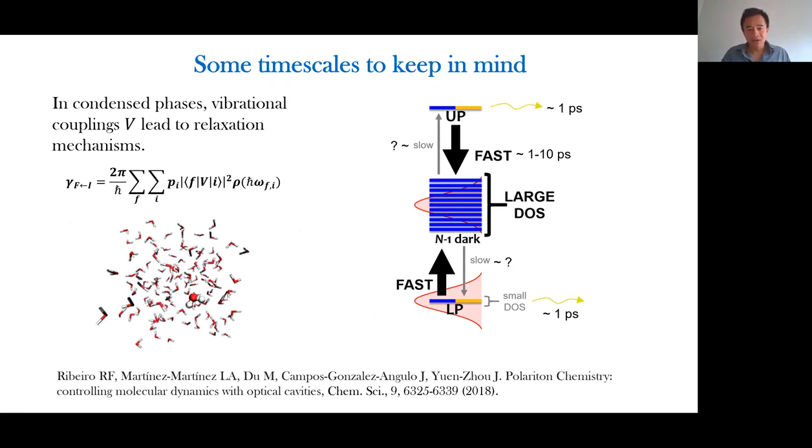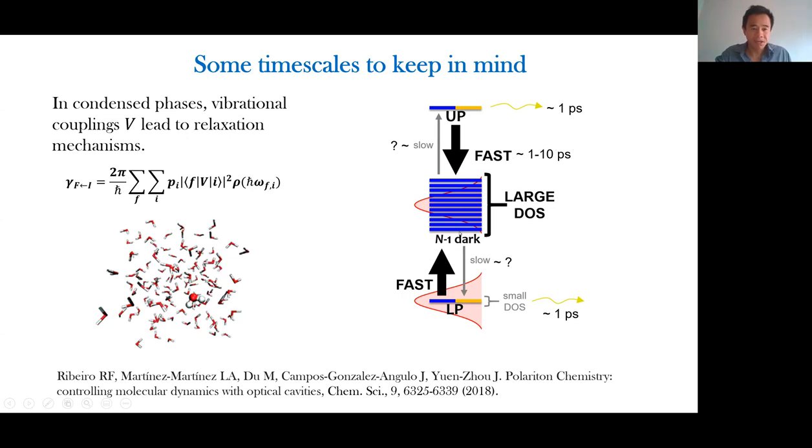Okay, so here are the timescales that we need to think about in these systems. Because there's a large density of dark states, and there is even more in infrared systems than in UV visible systems, there is a very large entropic drive to go to the dark states, according to Fermi's golden rule, that tells you the larger the final density of states, the faster the rate. So this happens in the order of 10 picoseconds or so.